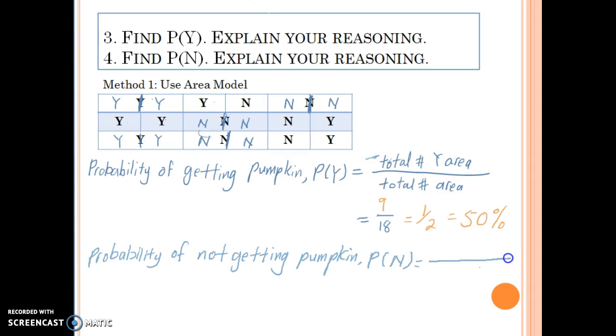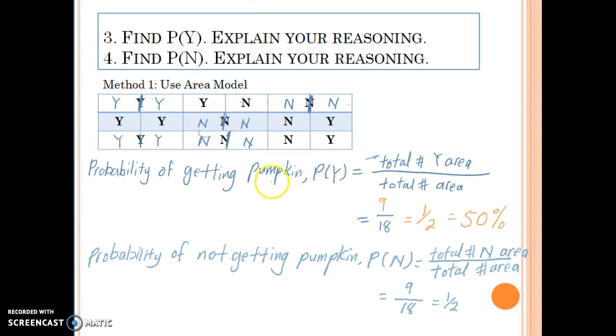To count the Y, you would just do it for the N, which is the probability of not getting a pumpkin. So first, you need the total number of areas and the total number of N areas. The total number of area is 18, and you count the N: 1, 2, 3, 4, 5, 6, 7, 8, 9. Also 9. So it's 1/2.